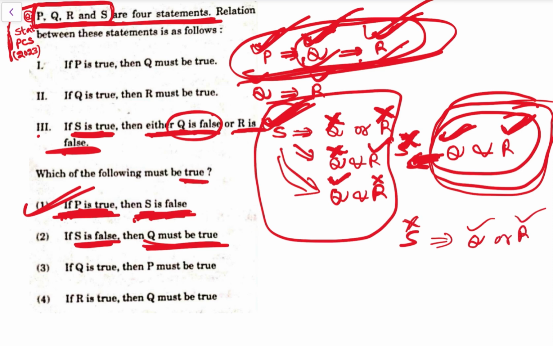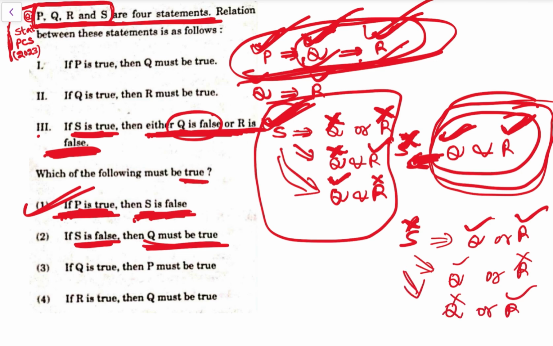S is true when either Q is false or R is false. So S can be false when Q is true and R is true, or when Q is true and R is false, or when Q is false and R is true. In these cases S can be false. So if S is false, then Q must be true. No, see here Q is false, so this is incorrect.